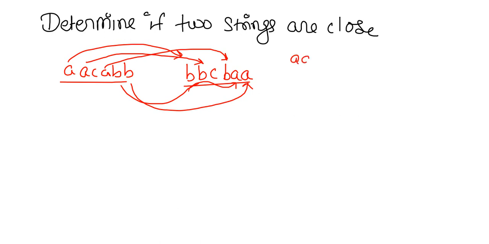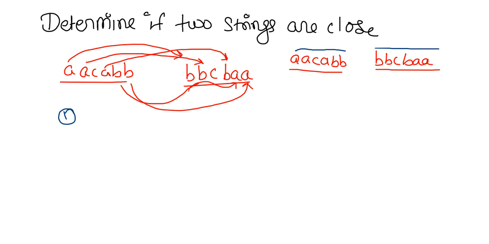So how are we going to solve this? I am first thinking of the basic conditions through which we can determine whether two strings are close or not. The first condition is that these two strings must have an equal number of letters, equal length. Here the number is the same, 6. The second condition: here A is thrice, B is twice and C is once.